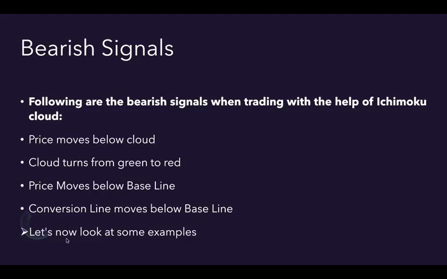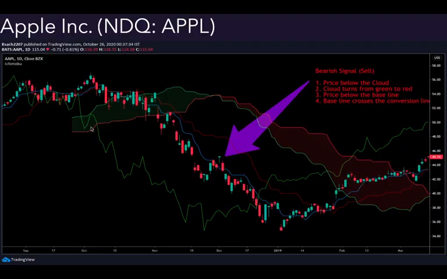Let's now again look at some examples. Now I have taken here an example of Apple, just to make it very clear that this indicator works on all the charts across the globe, right? So let's look at this level.